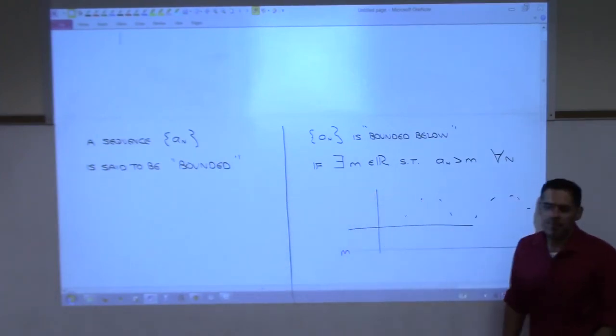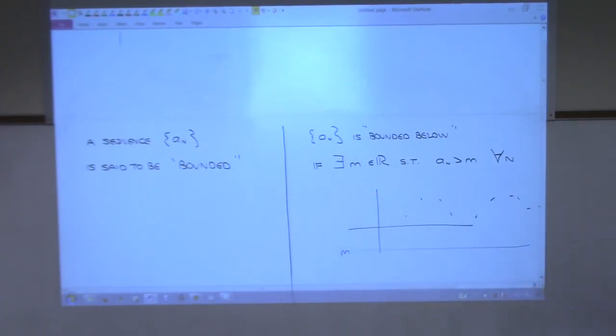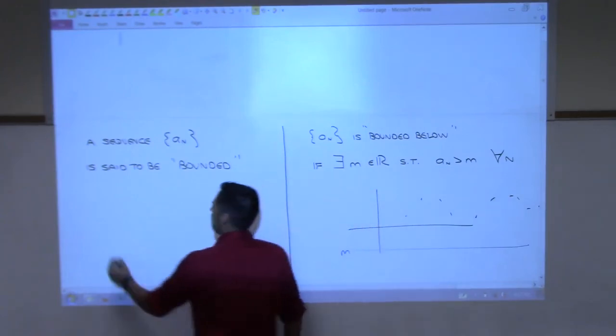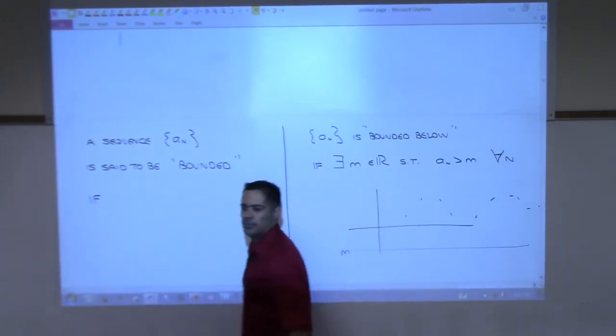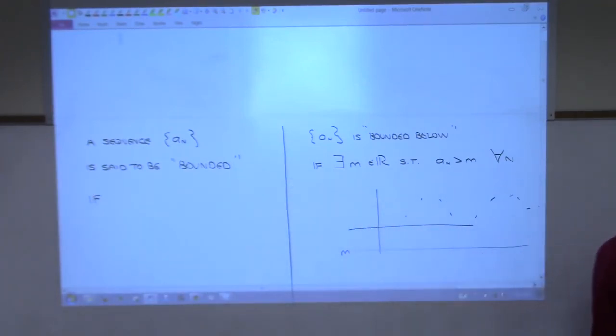A sequence A sub n is said to be bounded if, what do you think? If they're between two numbers? If it's between, you mean it's bounded above and below? Is that what you're thinking? That sound right to everyone?